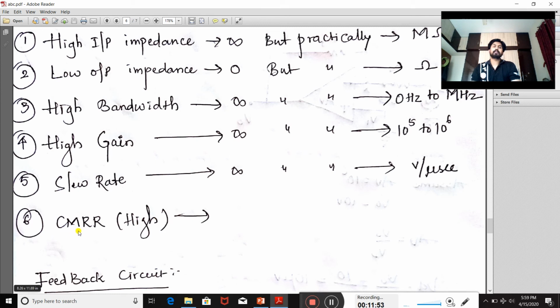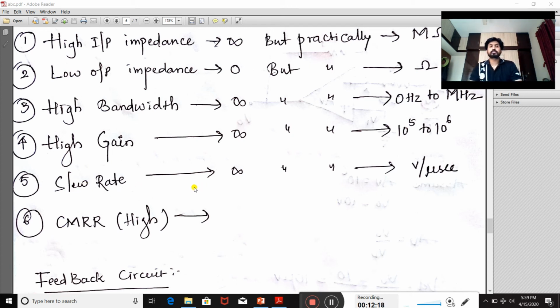Here CMRR is nothing but common mode rejection ratio. It indicates how well it rejects the common voltages and how well it amplifies the difference in the input voltages. That is what CMRR is about. And slew rate should be very high.